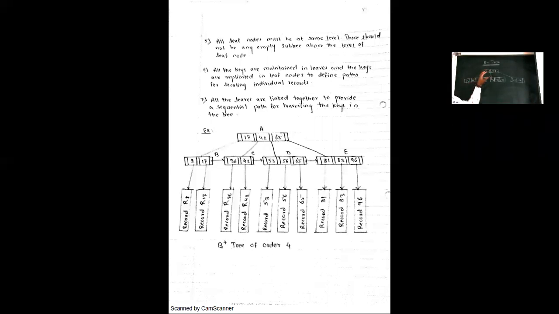Now here, all the values of the key are maintained at leaf nodes only. All the keys are maintained in the leaves and the keys are replicated in the non-leaf nodes to define the path for locating individual records, right?